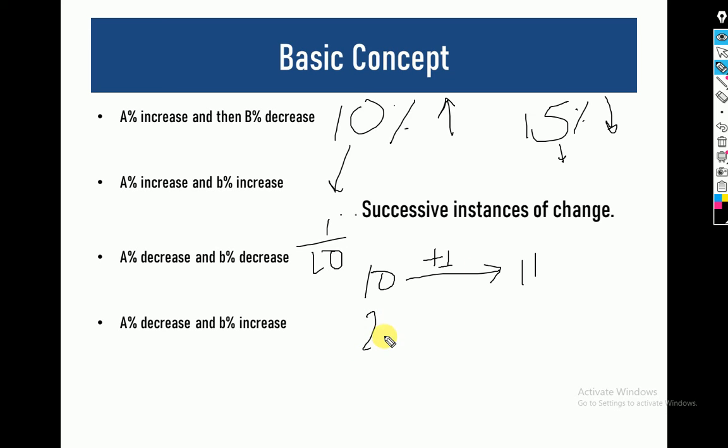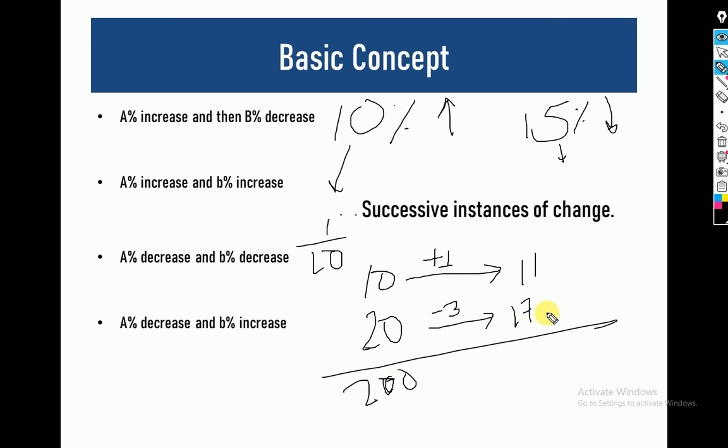So from 20 it has decreased 3, so it gives us 17. We have to multiply vertically. So 10 into 20 is 200, and then 17 into 11 is 187. So net there is a decrease of 13 on 200, right? So on 100 it will be 6.5% decrease.